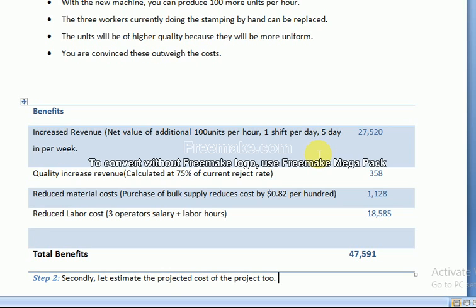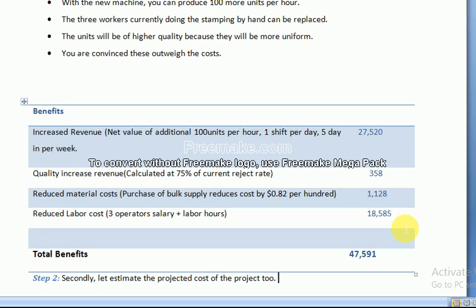Now we also have other benefits, but I calculated these 4-5 benefits. So look, when we add up all these benefits which we calculated individually: 27,520 plus 3,358 plus 1,128 plus 18,585. So that total will be equal to how much?